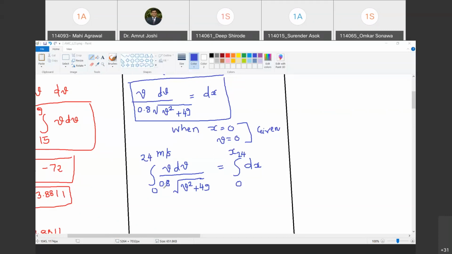The integral of v dv divided by 0.8 square root of v square plus 49. 22.5. Pardon? So the left hand side is 22.5.